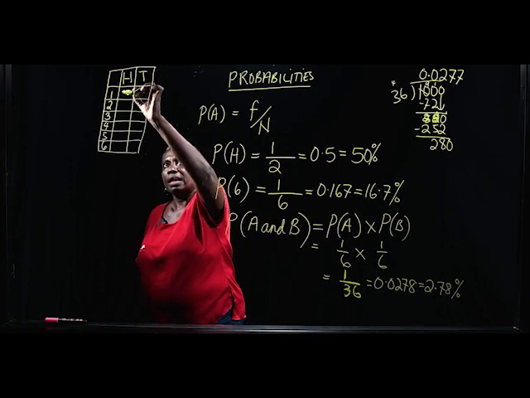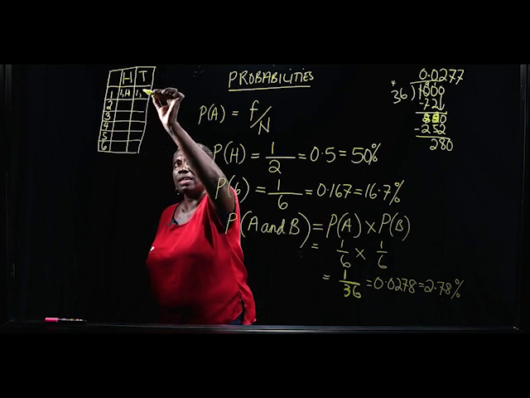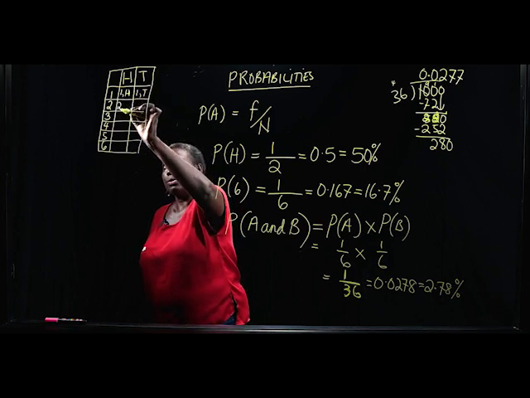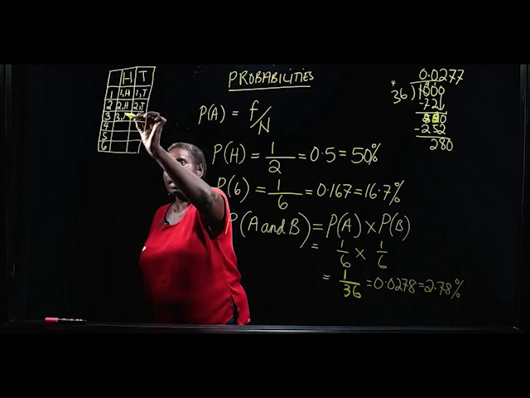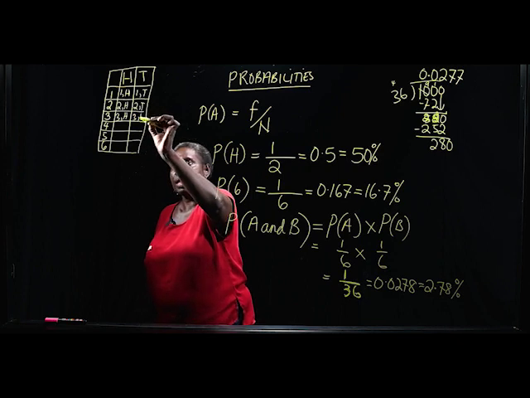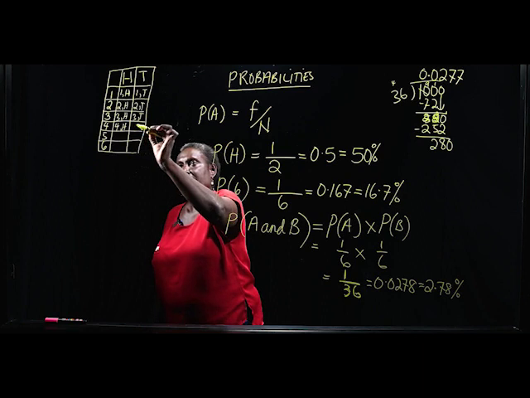First one, that's 1 and a head. We have 1 and a tail, 2 and a head, 2 and a tail, 3 and a head, 3 and a tail, 4 and a head, 4 and a tail.